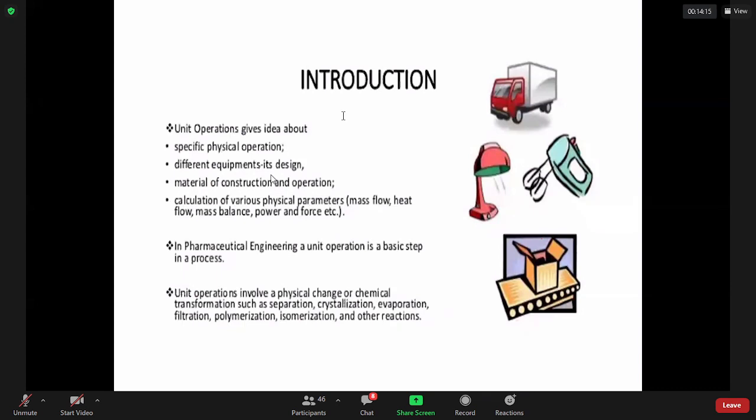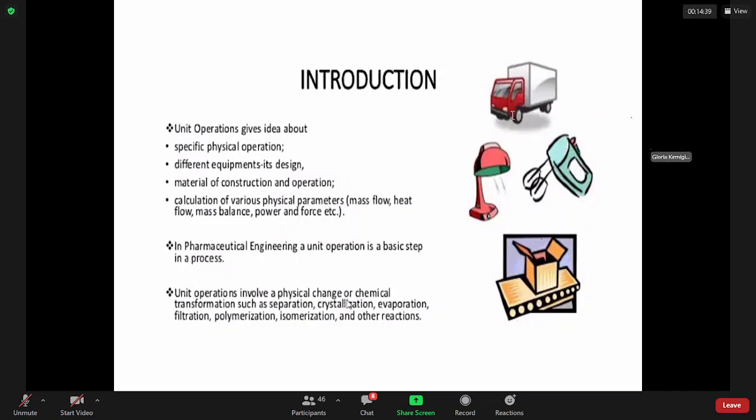And then in pharmaceutical engineering, a unit operation is a basic step in a process. So that means that a unit operation is a subset of a unit process. It involves a physical change.